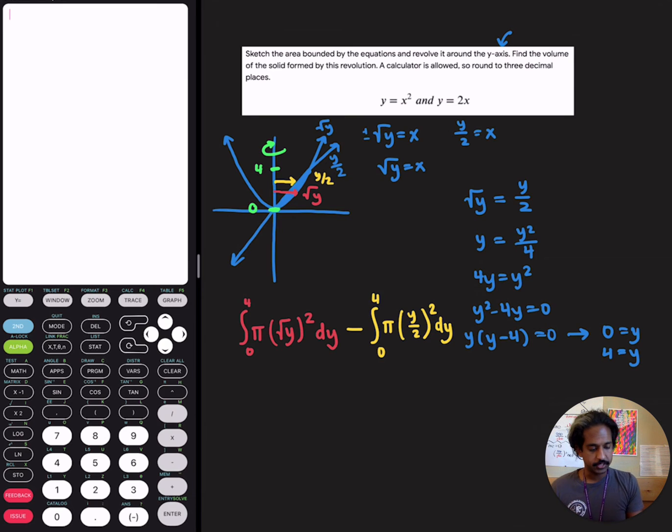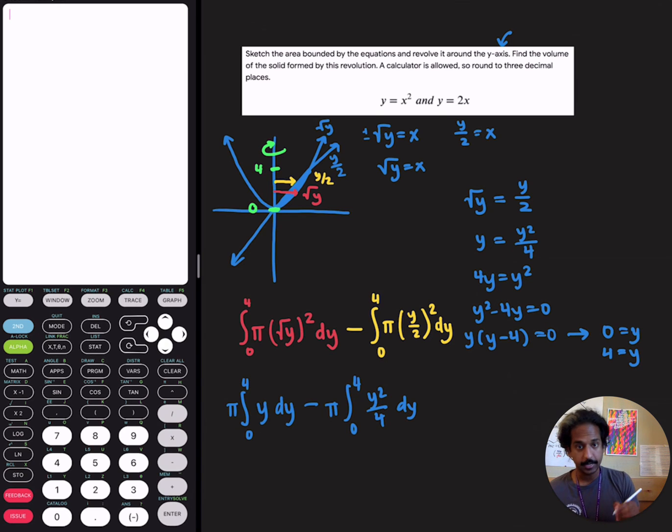We can simplify this just a little bit, and I'm going to go back to blue to show that this is just one answer. We can say the integral from 0 to 4, I can take out my pi. Square root of y squared is just going to be y dy, minus, again, pi, the integral from 0 to 4 of y squared over 4 dy. I'm going to simplify this one more time just to put it all together.